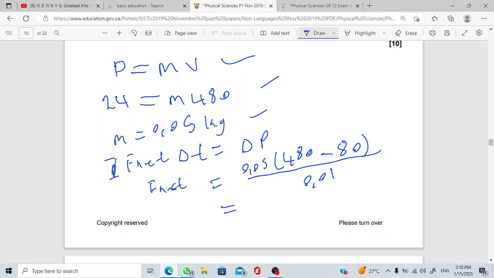Now let us try to get the value here. Now I find the force to be 2,000 newtons.